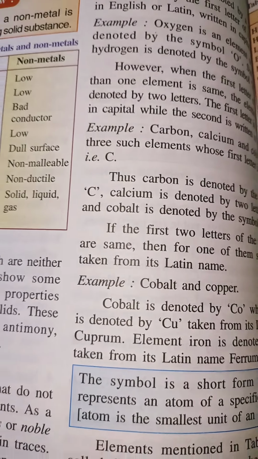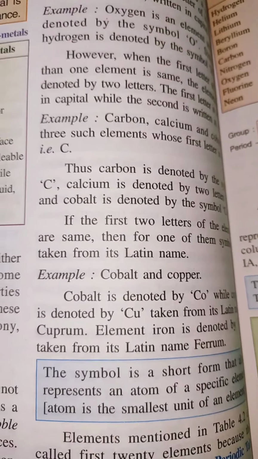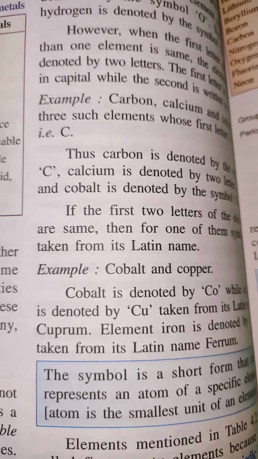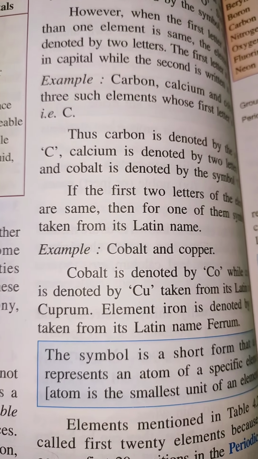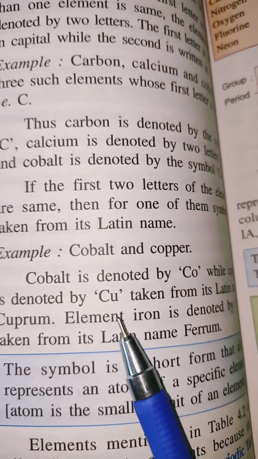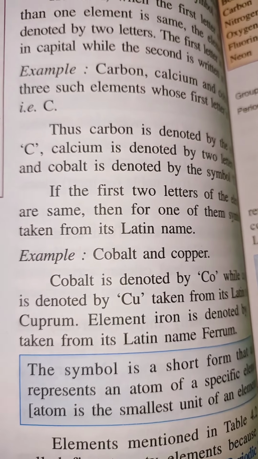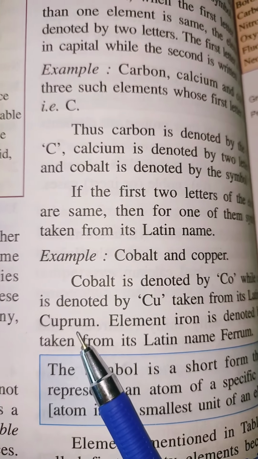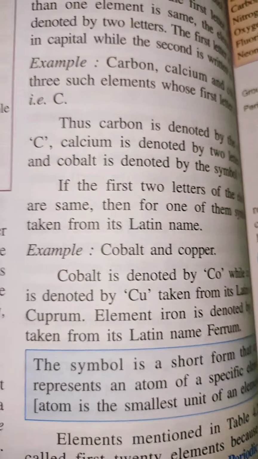Like cobalt has Co, copper also has Co, so it can't be used. So what did we do? For copper, we write Cu, which is the first two letters of the Latin name, cuprum. So for copper we use Cu, and for cobalt we use Co.